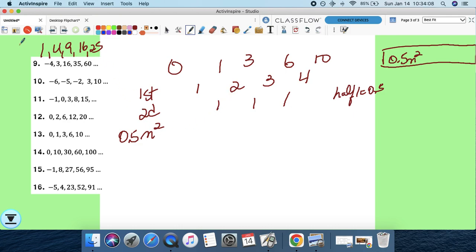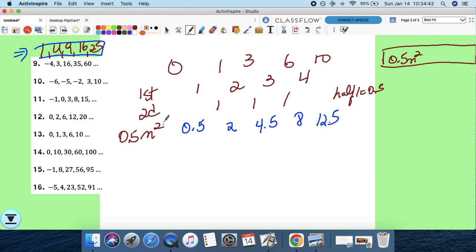Well, it's this sequence here, right? Half, 0.5, of the n squared sequence. So we're actually going to get 0.5, the second term is going to be 2, the third term is going to be 4.5, then 8. So 0.5, 2, 4.5, 8, and the last one is 12.5.